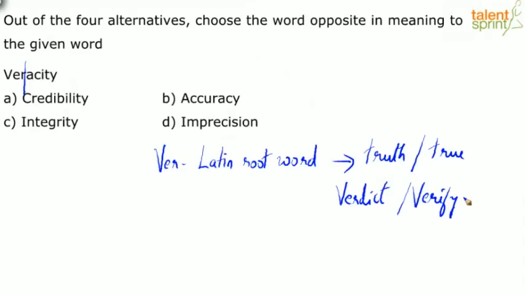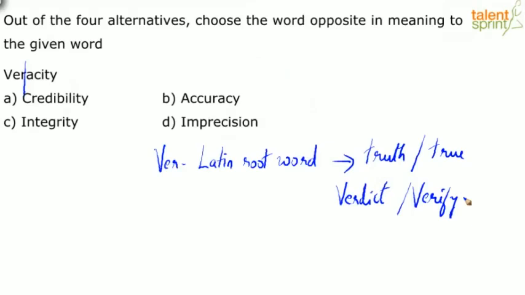So keeping this in mind, let's look at our options. I have credibility, I have accuracy, I have integrity, and I have imprecision, right? So I know ver has to do something with true or truth because of understanding that root word, which gives me that meaning.